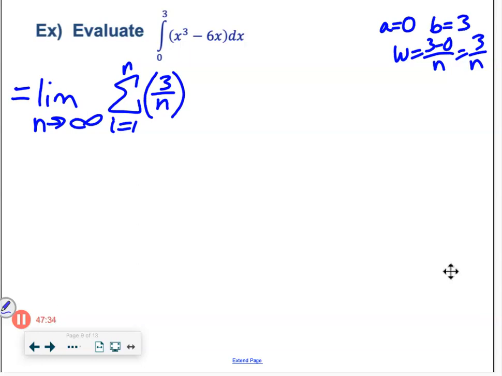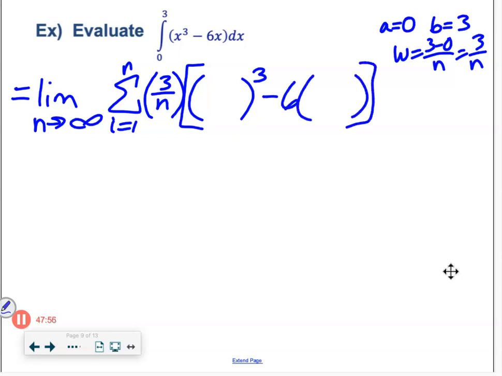Now you have to write f of left endpoint plus width times i. The thing that most students forget is the f of. So here's my recommendation for the f of: you write your function, but you put big parentheses wherever you have an x. So you have something cubed minus 6 times something. You replace your x with these big open parentheses.